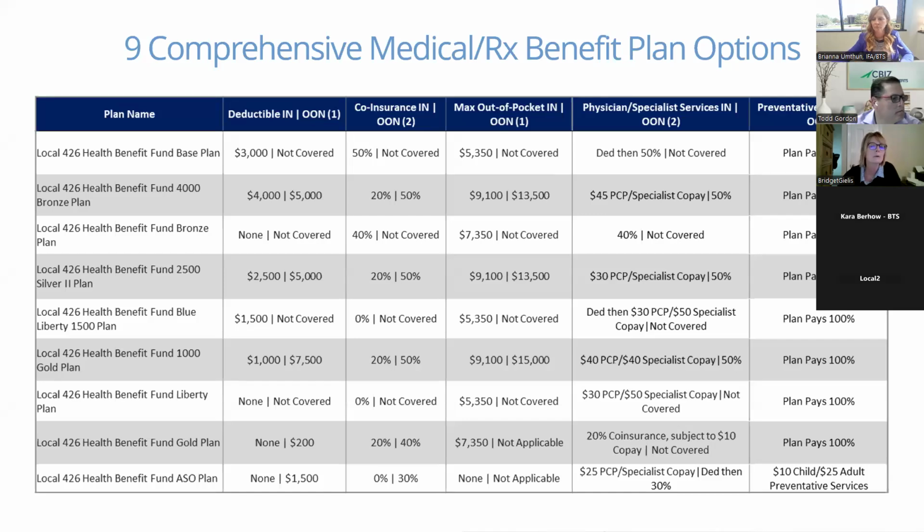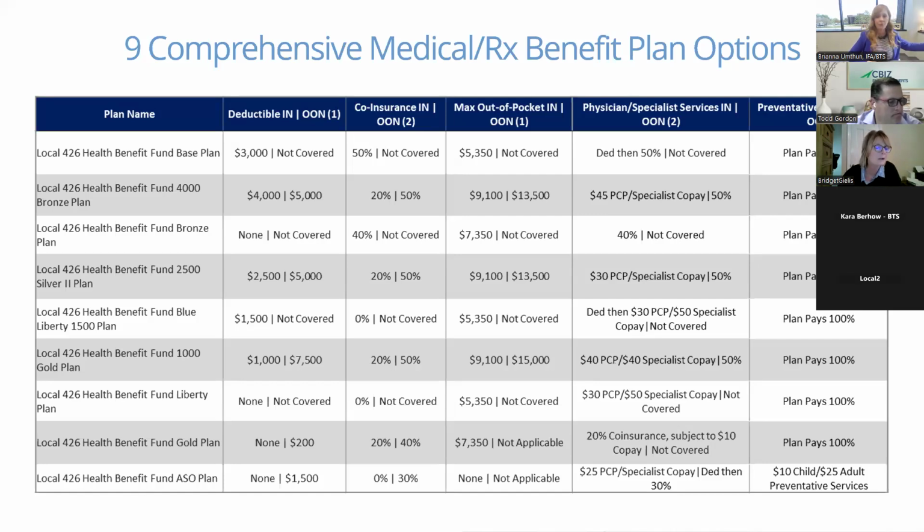I believe the hospital inpatient on this is a $500 deductible or copay per day, up to $1,000. So this is a fairly popular plan because again, other than high level services, you're really only paying copays.